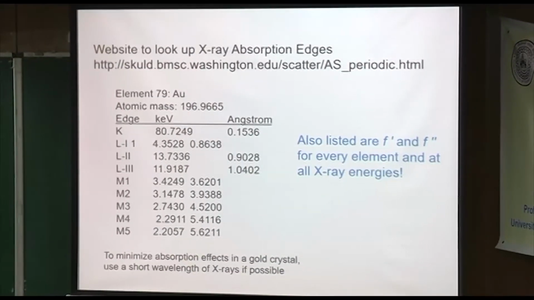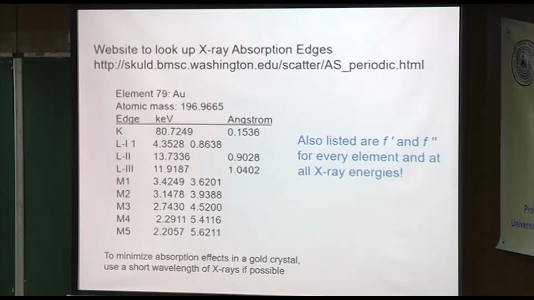And this is one of the websites that gives the X-ray absorption edges. At least it did the last time I checked. These are the edges going down, the K, L, M edges, and the angstroms at which the absorption edges occur are calculated based on the keV.